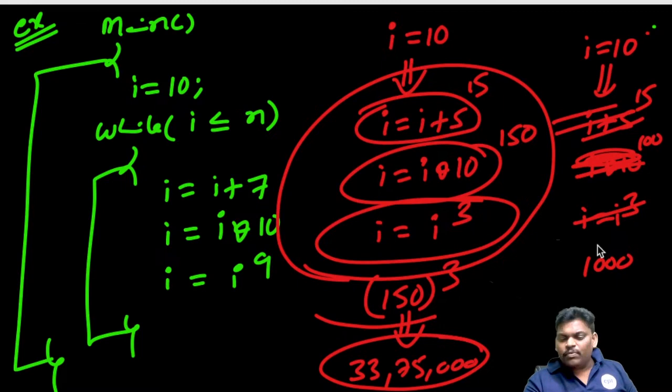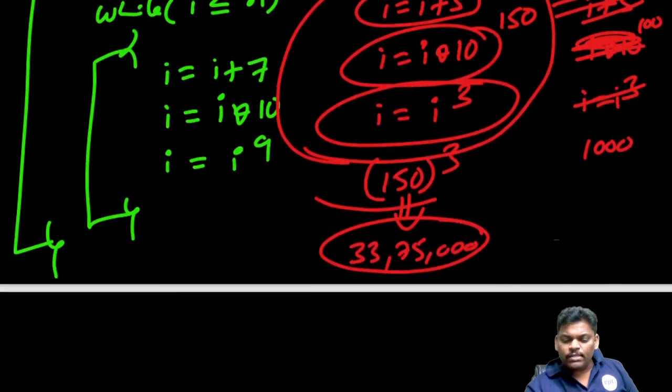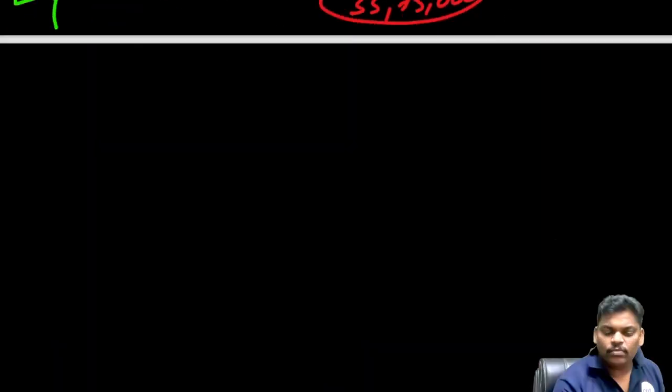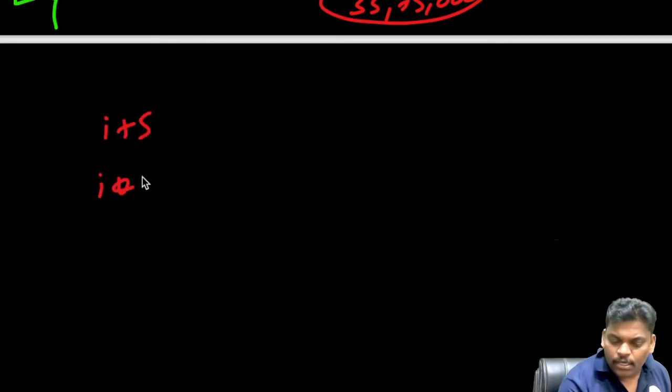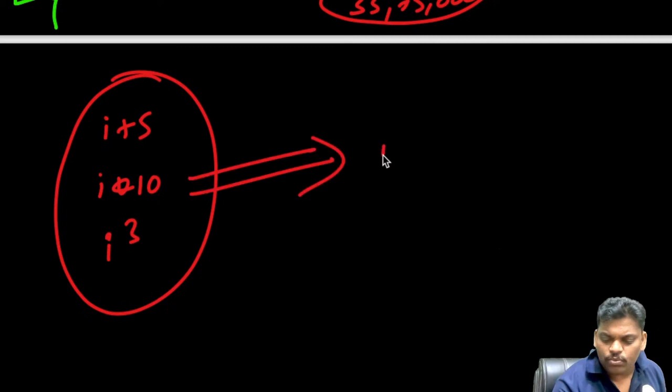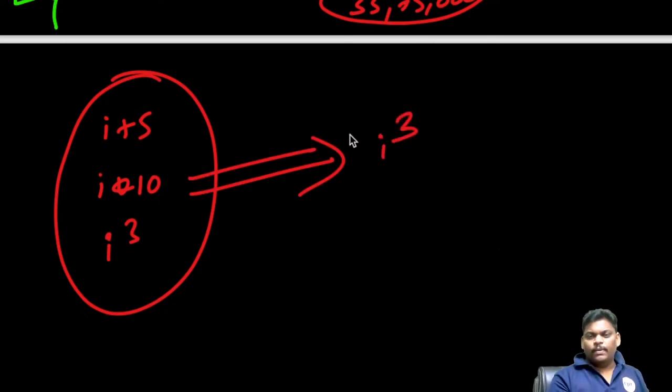The solution for this one is, for a bigger i value, i plus 5, i into 10, i power 3, these three operations are almost close to i cube only. For smaller values maybe some differences are there. For larger i value, these three are almost equal to i cube only.